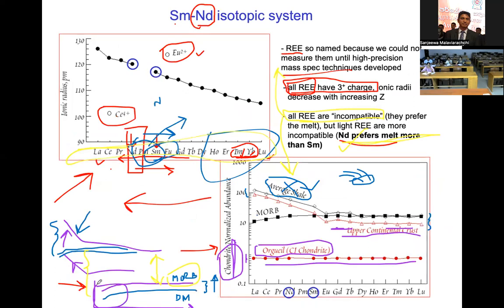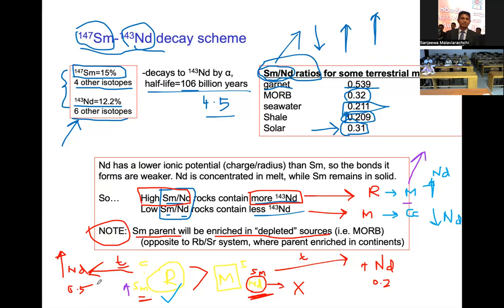In the case of samarium neodymium, this is just the value only, okay? If you want to say something is depleted, that means you must have a higher neodymium isotopic value. If you have a high neodymium isotopic ratio, that material is more depleted, which is opposite to the rubidium strontium isotopic system.